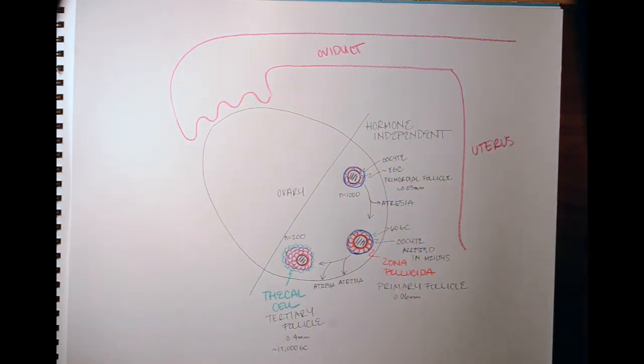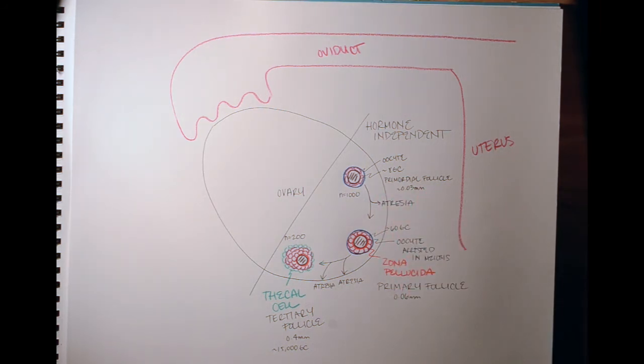Which means that it does not rely on LH, it does not rely on FSH to advance, which also means that this process happens throughout our life, even prior to puberty, even prior to the establishment of that kisspeptin containing population, the establishment of the pulse generating apparatus by those kisspeptin containing neurons. And so that we can have recruitment of primordial follicles. Even in a 5-year-old girl, she'll have recruitment of primordial follicles.